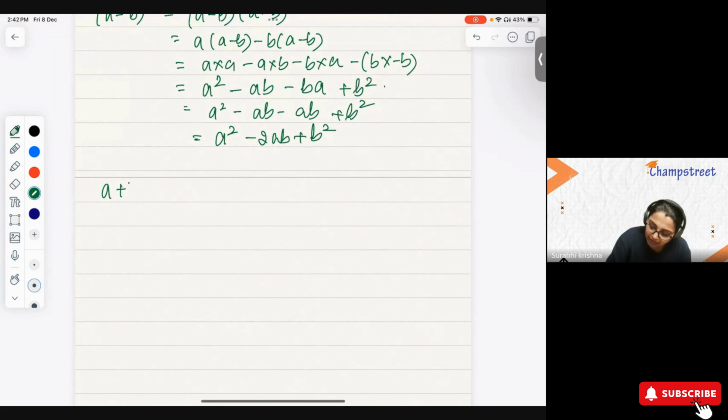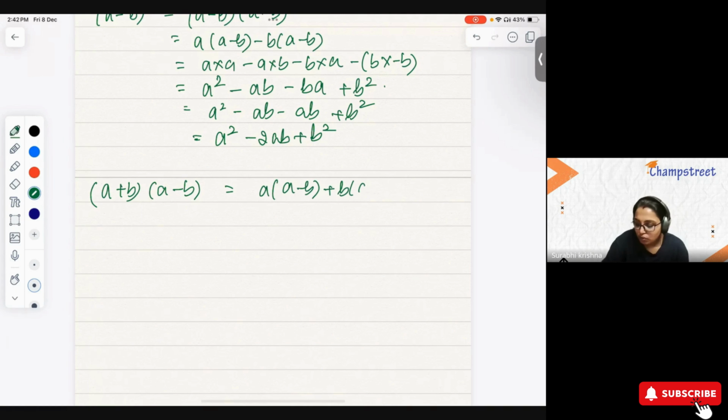So now we have a plus b into a minus b. This is also an important identity. So it's nothing but a into a minus b plus b into a minus b. So a into a minus a into b plus b into a plus b into minus b.